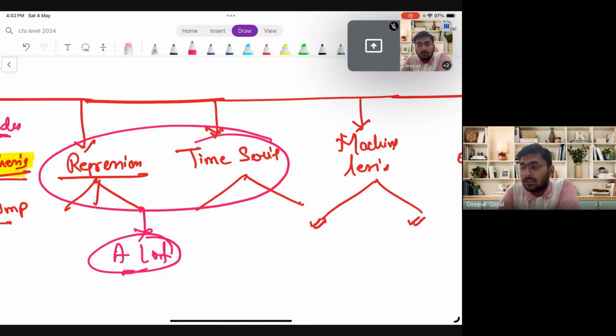If I'm telling you about regression, what is this? Suppose, Ritu, you are selling something like phones. The sales of the phone depend on many factors. First of all, when you are setting up your shop, what is the income of the population around you?